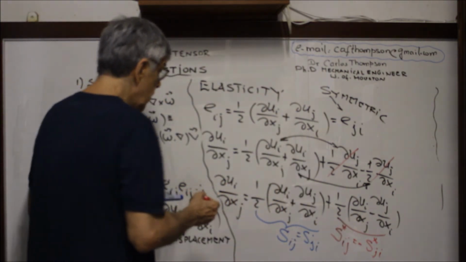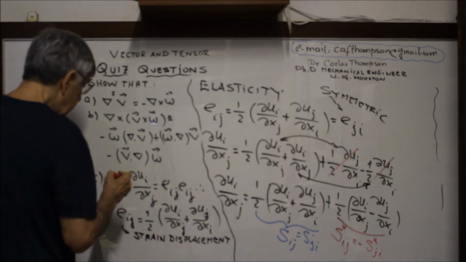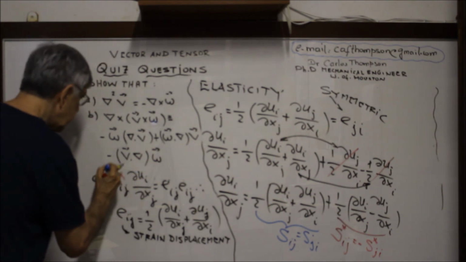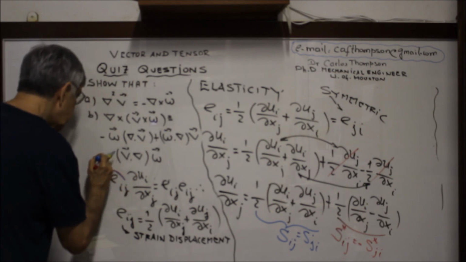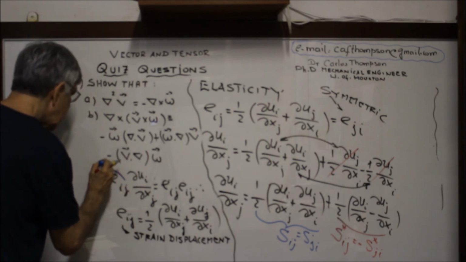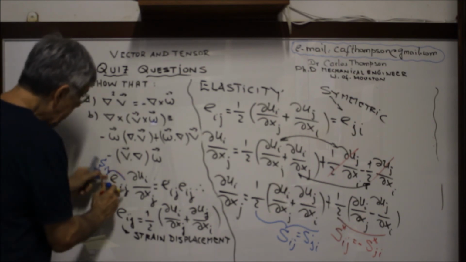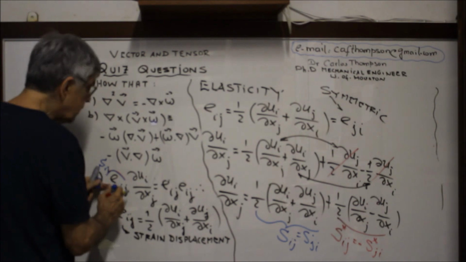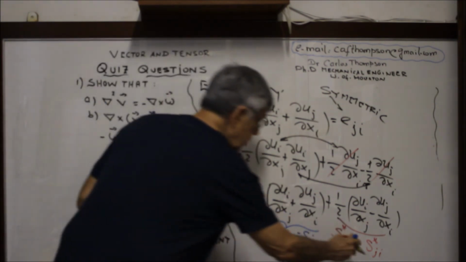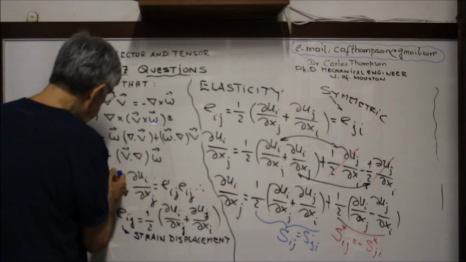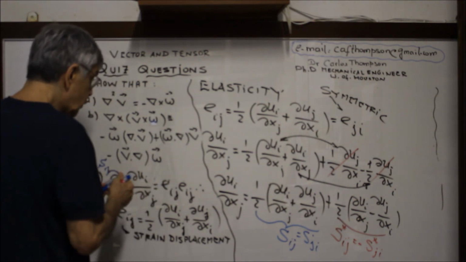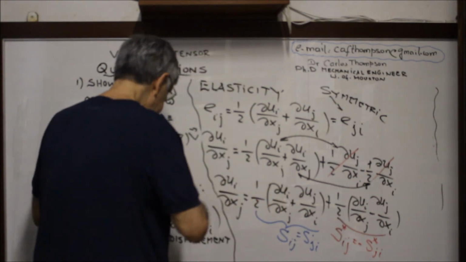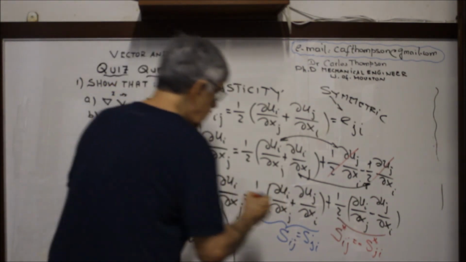So remember that Eij, let's put blue one, Eij, this is the symmetric Sij. Now, symmetric times symmetric. Skew-symmetric times symmetric will be 0. So this here is Eij.